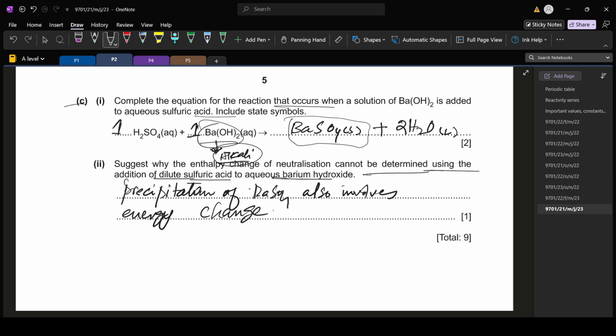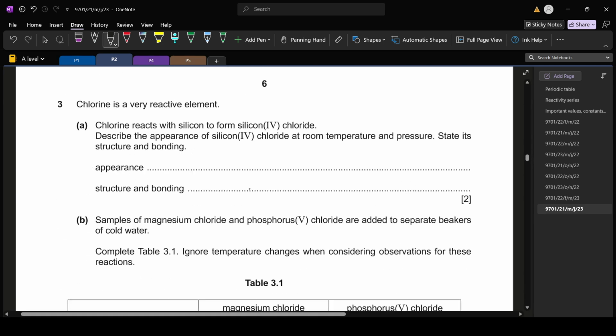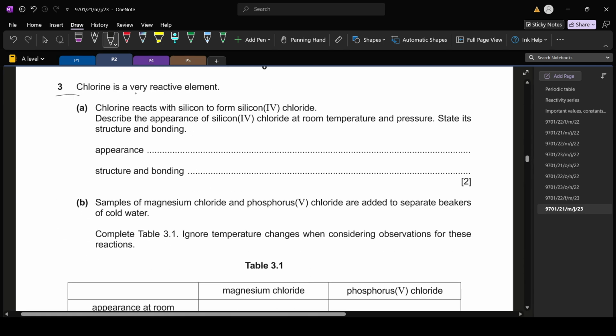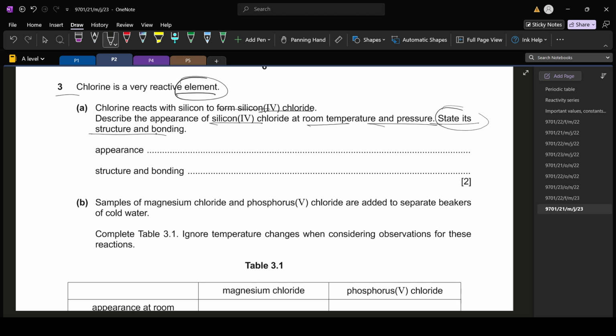Okay, now moving towards question number 3. Chlorine is a very reactive element. Chlorine reacts with silicon to form silicon 4 chloride. Describe the appearance of silicon 4 chloride at room temperature and pressure, and state its structure and bonding.